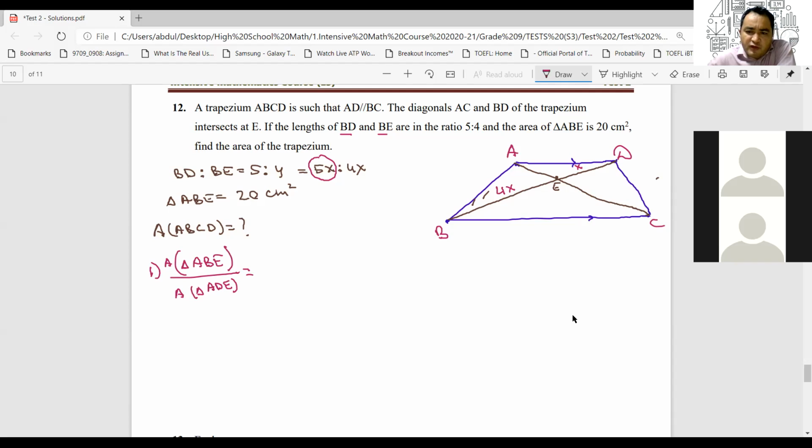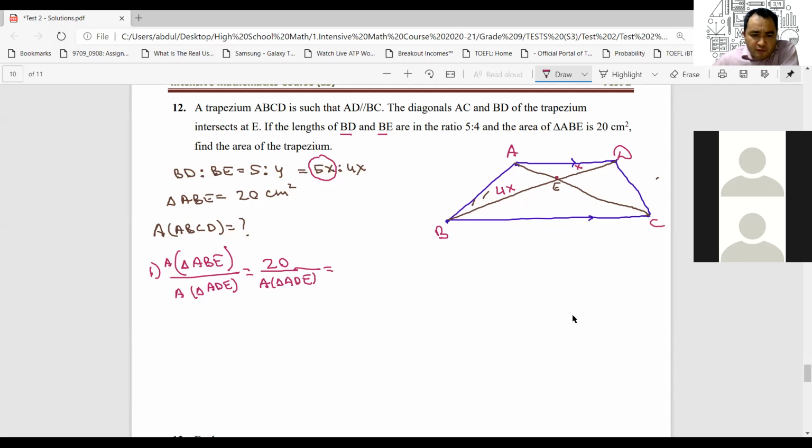I'm just dividing the triangle ABD into two parts at point E. Since the ratio is 4x to x, the area of ABE is 20 centimeters squared. And the area of ADE, I don't know, let's say it is the area of triangle ADE.